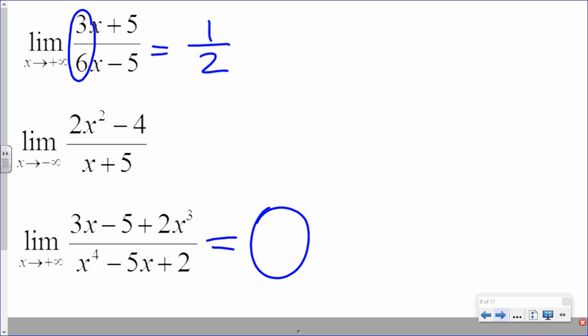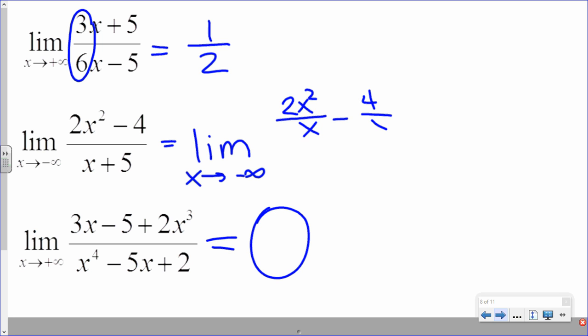So what's the highest degree here in the denominator? x to the first, so we are going to have to divide everything by x to the first.